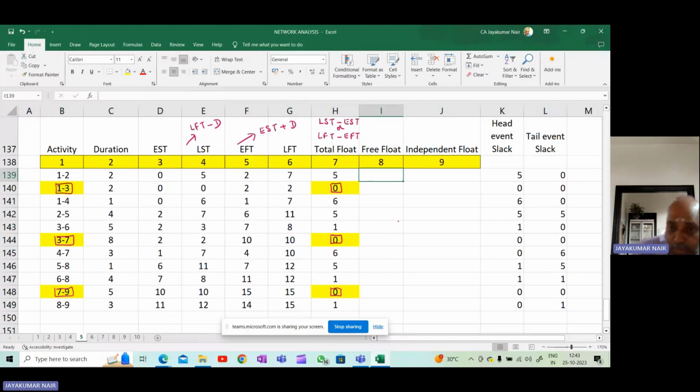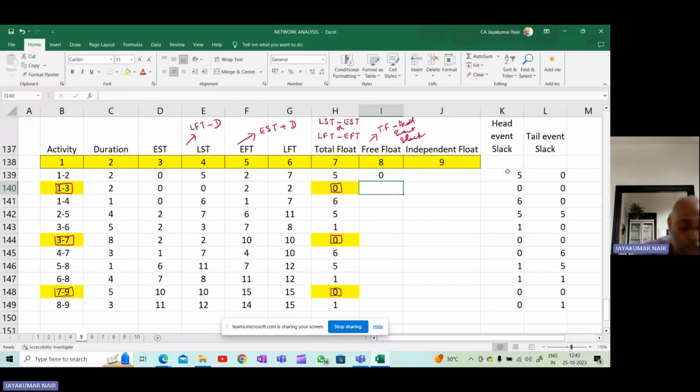Okay, now how do we calculate the free float? So free float will be equal to, how do we calculate the free float? You take the total float minus the head event slack. You have already calculated what the head event slack is. So it is the total float minus the head event slack.